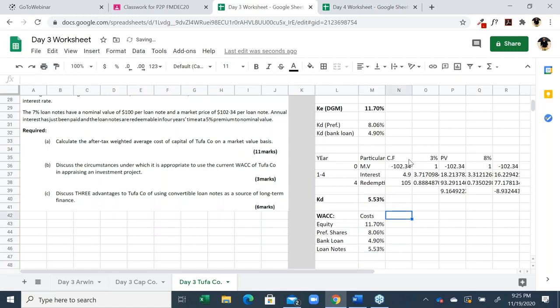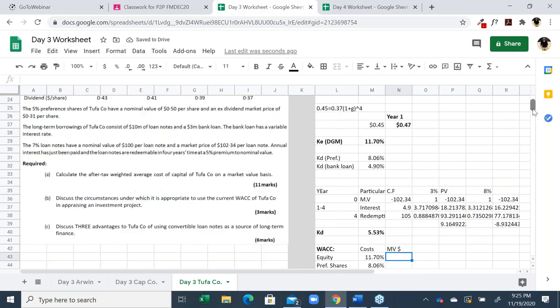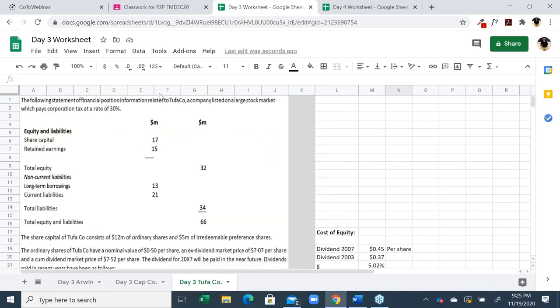And now let's calculate market values. So we have to go to the question to find out the market values. First of all, share capital. The share capital of Tufa company consists of 12 million ordinary shares, and the ex-div market price of each share was 7.07.